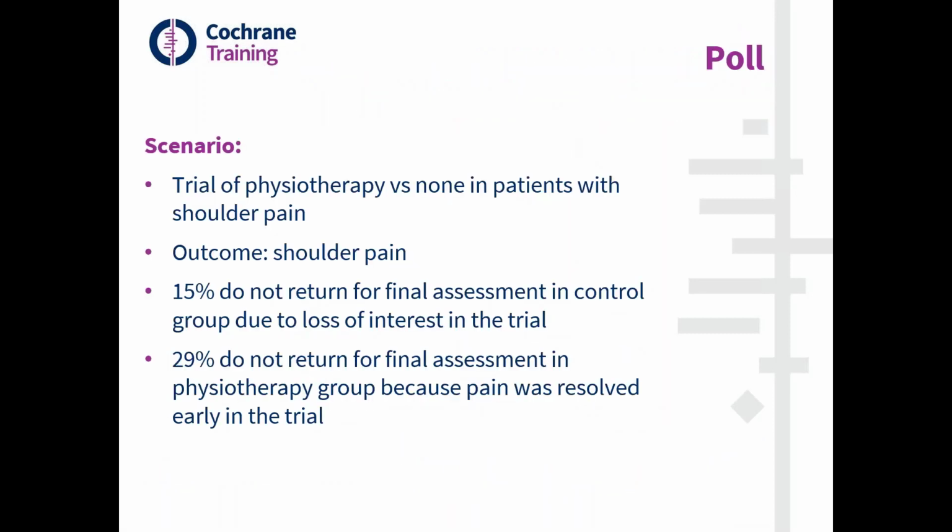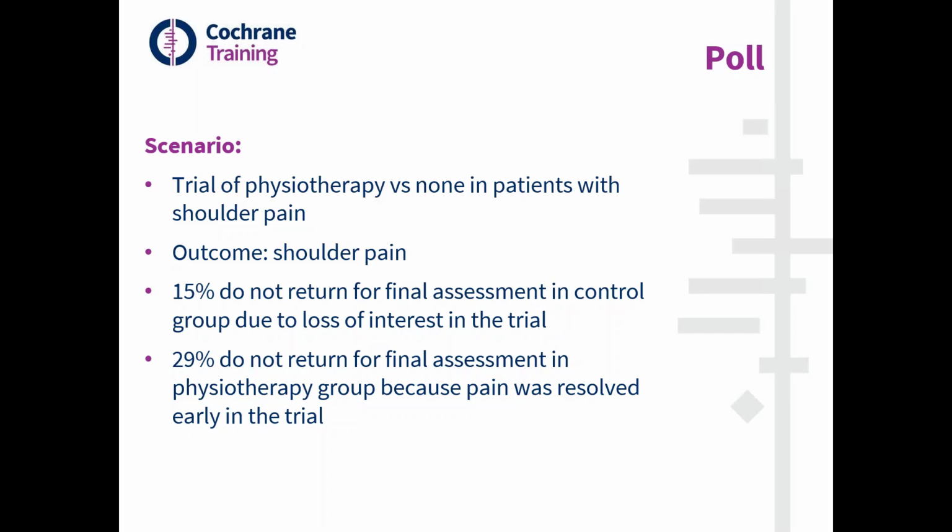So let's just have one poll, but I need to read a scenario first, and then we'll break for any quick questions, but we won't spend long on them. So here's a scenario where we've got a trial of some type of physiotherapy versus no physiotherapy for people with some shoulder pain. And we were after a measurement of a subjective measure of pain in the shoulder. Now, suppose in the control group, we lose 15% of people who just, as is often the case, lose interest in the trial and stop coming back.